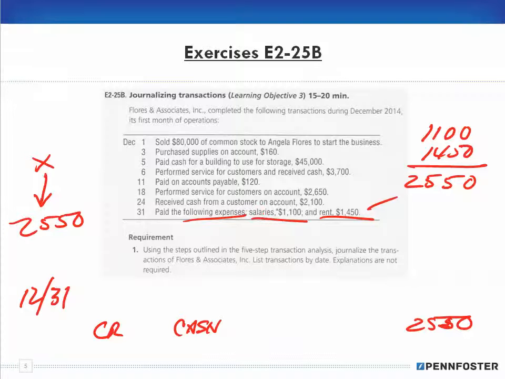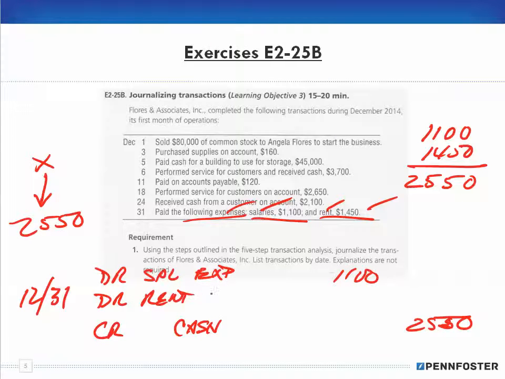Now, notice that I'm paying for 2 different things. I'm paying for salaries, which is one expense, and rent, which is another expense. So that means I'm going to have to debit the 2 accounts, not just one debit. I'm going to debit the salary expense for its amount of $1,100, and then I'm going to debit my rent expense for its amount of $1,450.